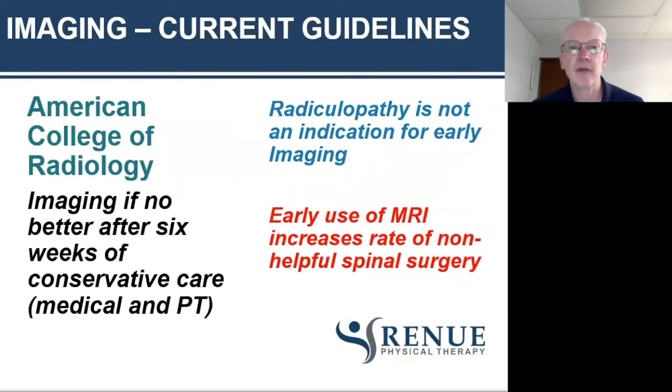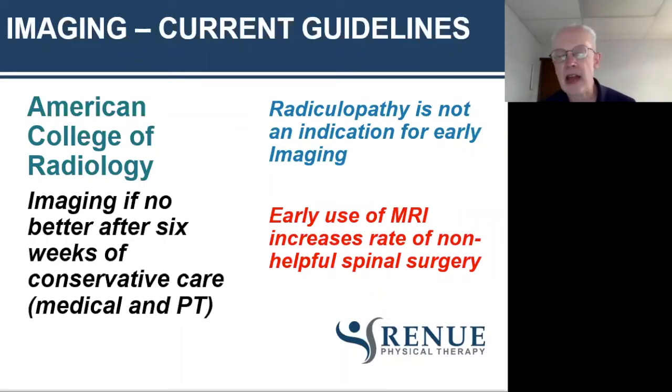Other findings from the American College of Radiology is that basically imaging's not needed unless there is no improvement after 6 weeks of conservative care, being defined as traditional medical care or chiropractic care or osteopathic care or physical therapy.